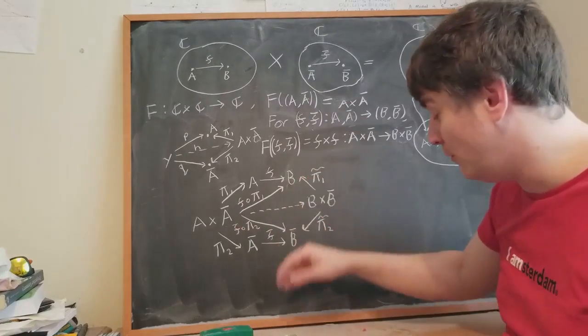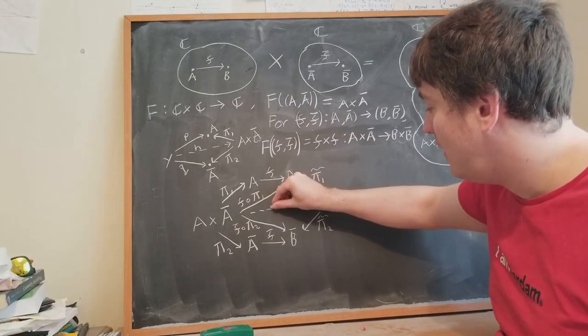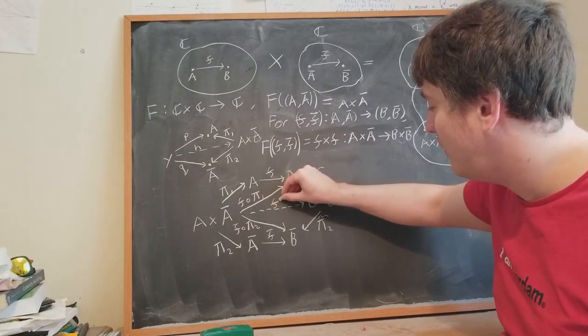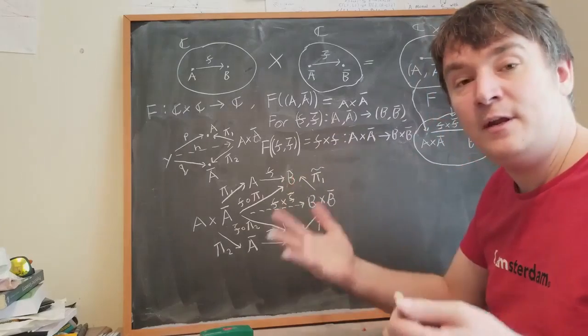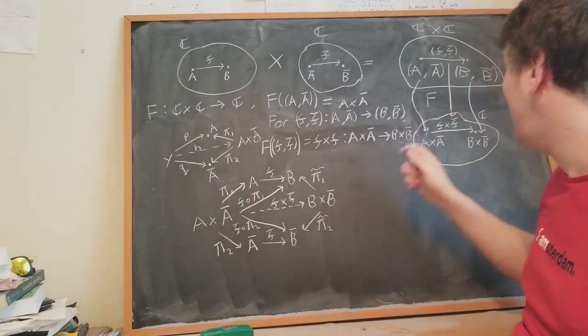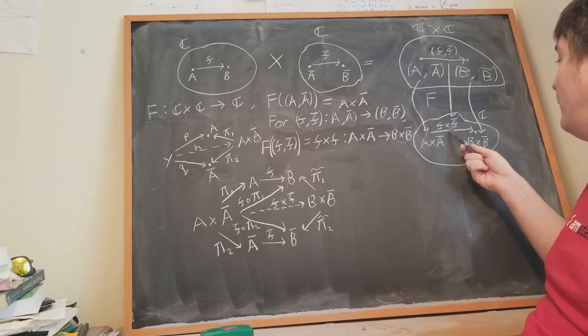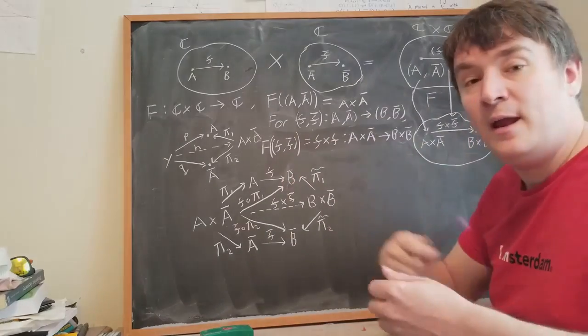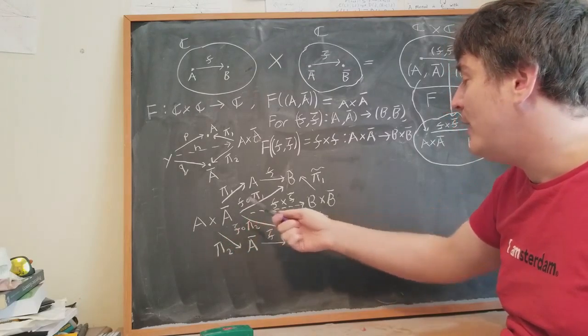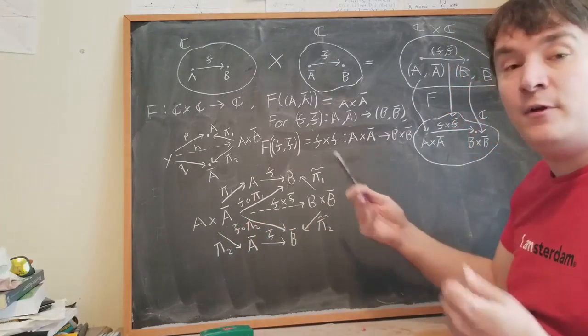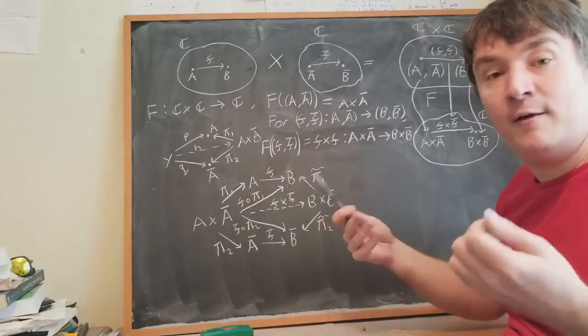And that's what we call F times F bar. It's this unique arrow. So that's the definition of F times F bar. It's the intermediary arrow from A times A bar to B times B bar, and it's unique, so we have a proper definition of it.